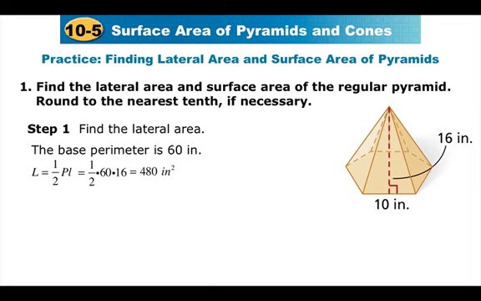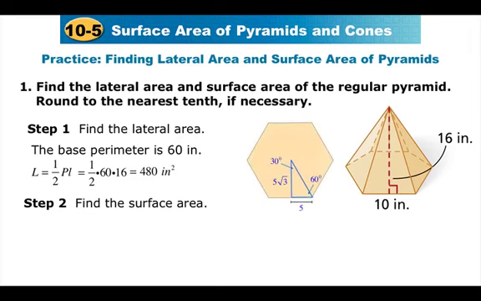Now step 2 is to find the surface area, which is the lateral plus the base. So to find the area of the base, I need to know the apothem, and you should see why. I'm basically applying what we used in chapter 9. Compute half the center angle. This is a 30-60-90 triangle.